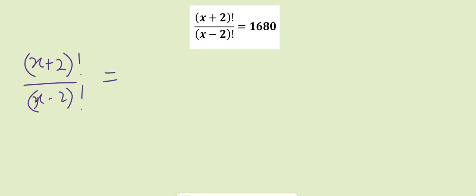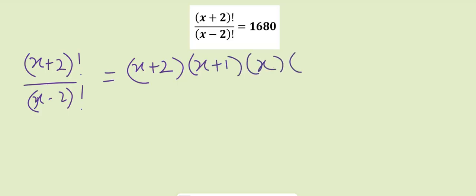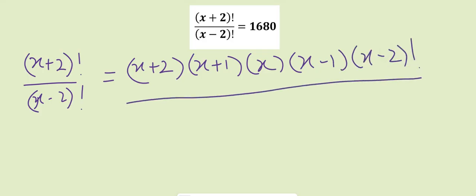Now, if I have x plus 2 factorial divided by x minus 2 factorial, this is x plus 2 multiplied by x plus 1 multiplied by x minus 1 and x minus 2 factorial as the next one, everything divided by x minus 2 factorial.